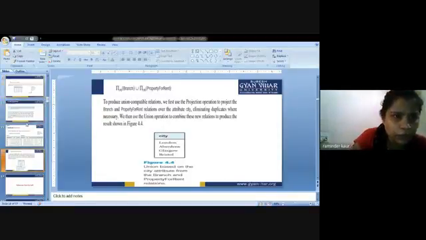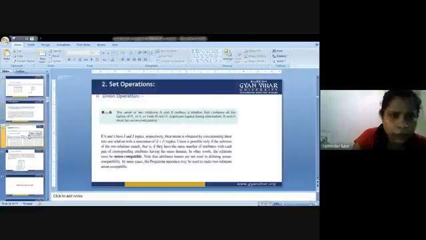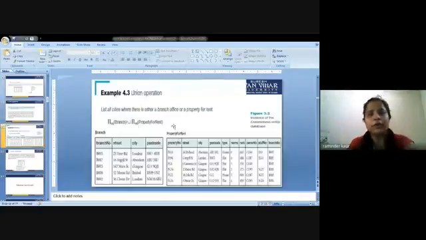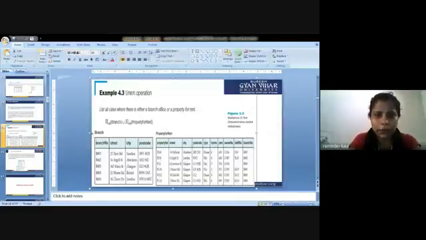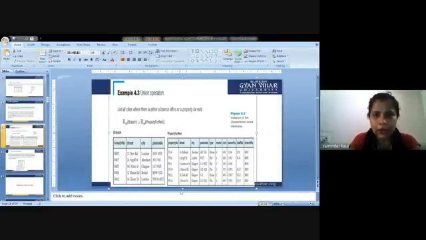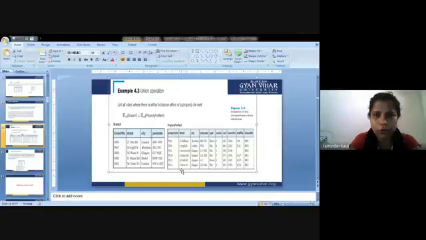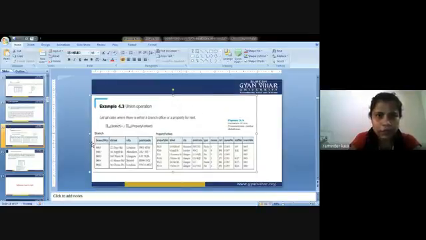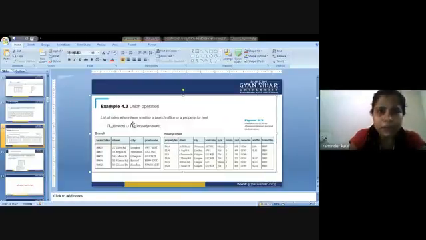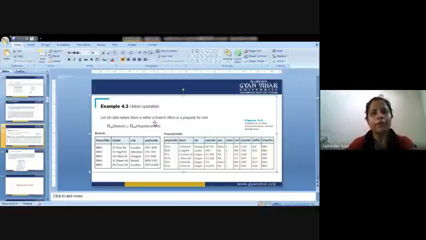So this is how it operates. We are going to operate this relation on two tables that are presented to us. This is the interpretation of the union operation. List all the cities where there is either a branch office or a property for rent.